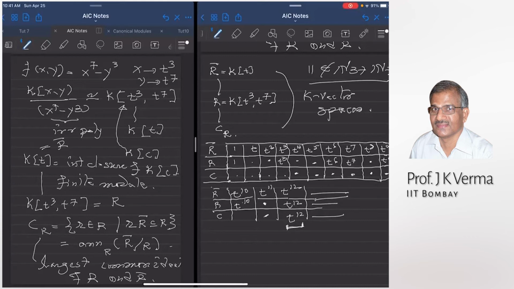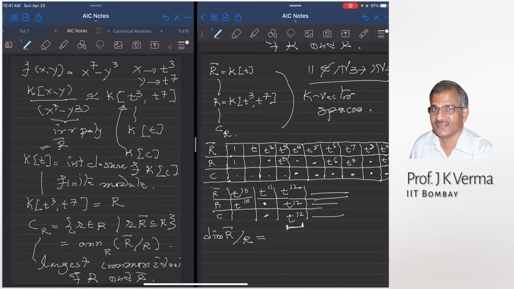Now, what did Gorenstein observe? Gorenstein observed that, look at R bar over R. This is a K vector space. Can you tell me its dimension? Elements in R bar which are not in R, right?